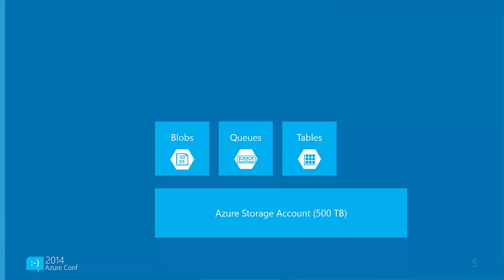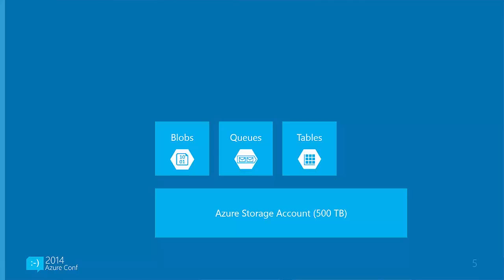This is the most popular of the abstractions, and it allows you to take a file and upload it to a highly available, durable, persistent store, and this file can optionally be exposed through a public URL. So if you're building applications that need to save media files, videos, log files, whatever, and you also want to optionally expose them to your users, then blob storage is the way to go.